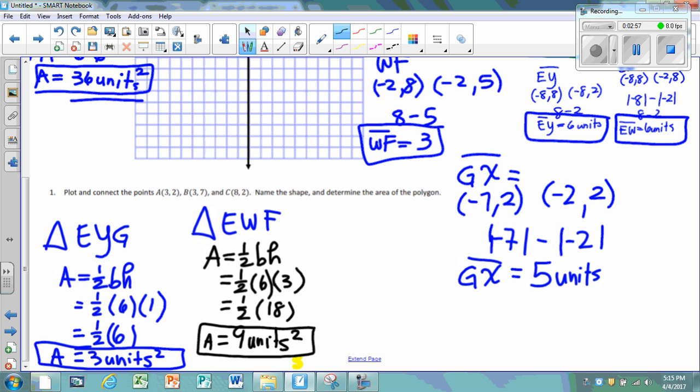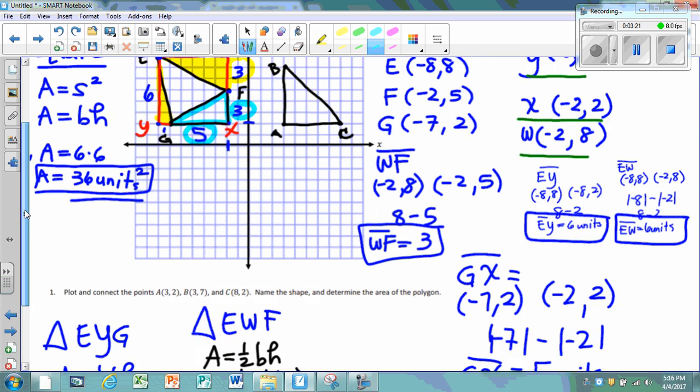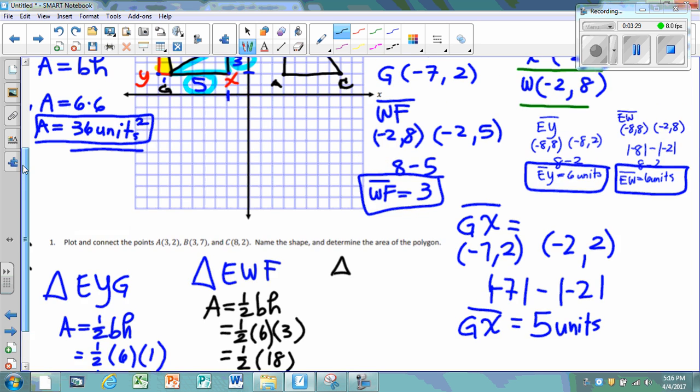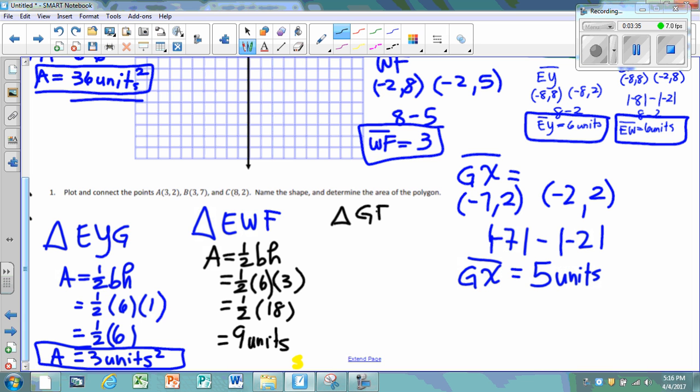Okay. And then we're looking at our last one. If you look at our last one here, let's do that in blue. We can look at that here, right here, okay? This is our last triangle. So we have 3 and 5 as our height and our base. So triangle, and our letters here are GFX. GFX.